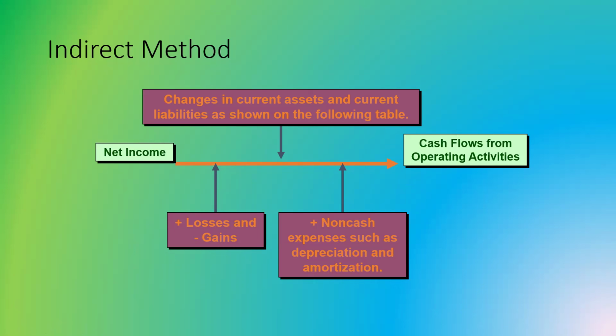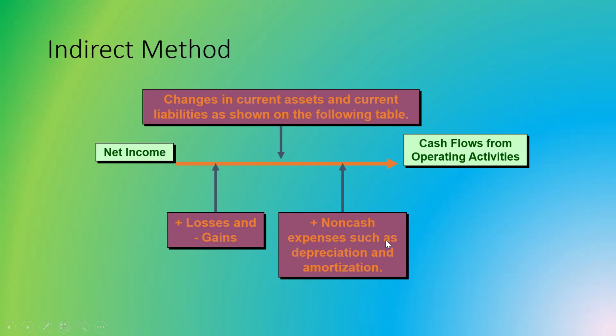This reduces net income but does not represent operating cash flow. That's why we add it back to the net income. Similarly, if there is any non-operating gain, we will deduct it from the net income, because a non-operating gain increases net income but does not represent operating cash flows, as we are calculating operating cash flows.